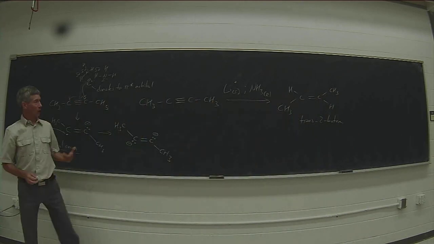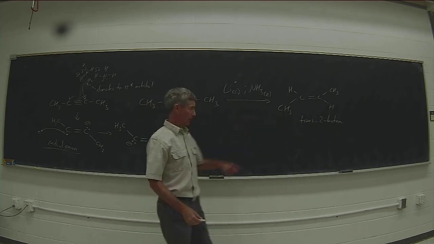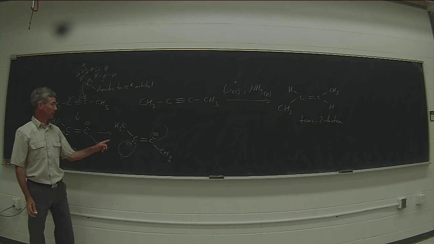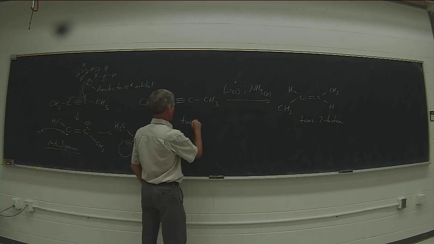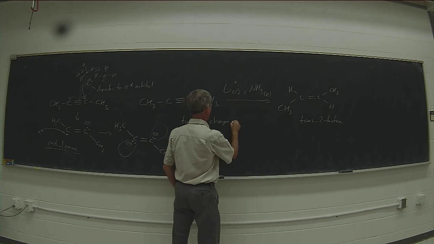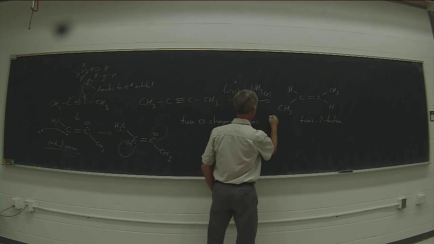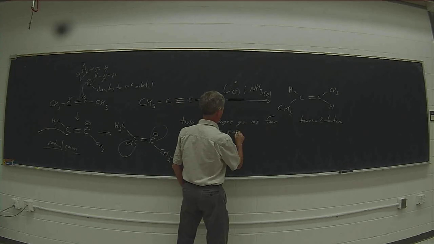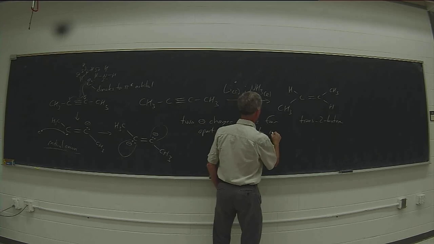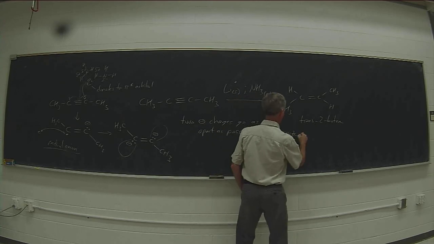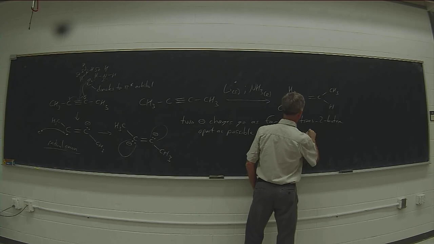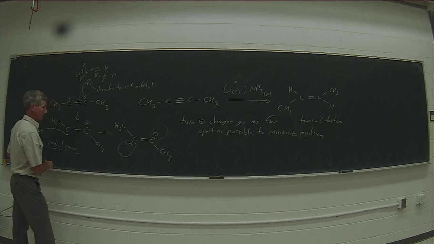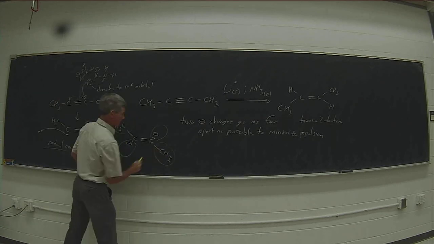And there are two reasons why it likes to form the trans isomer. One of which is that we like to maximize the distance between the two negative charges to minimize repulsion. And the other is that the two methyl groups would like to be as far apart as possible to minimize sterics.